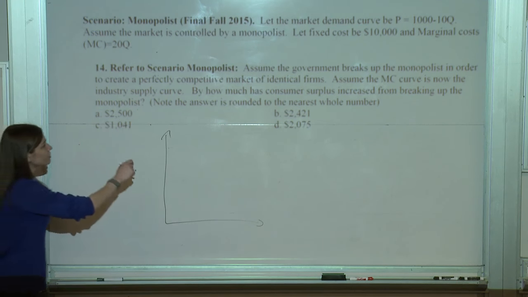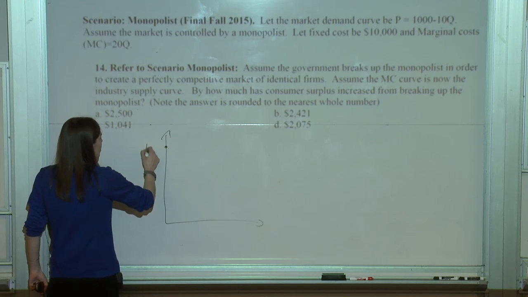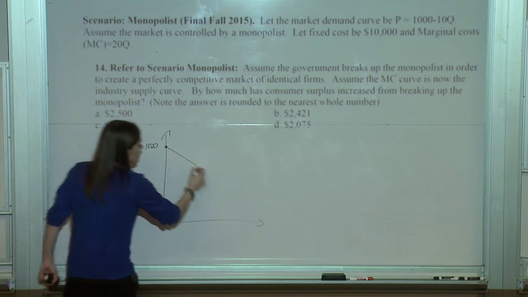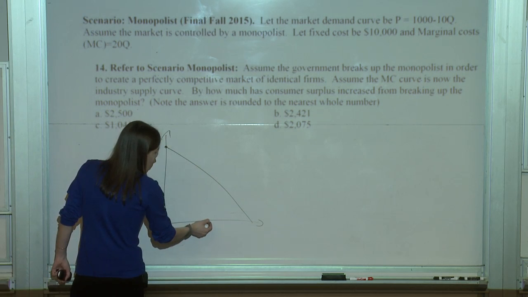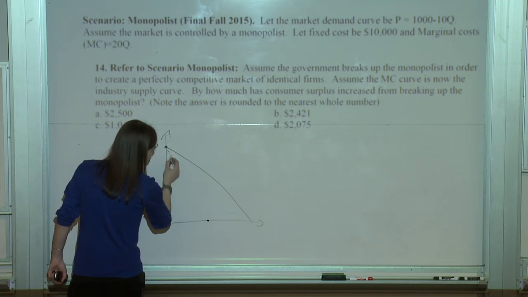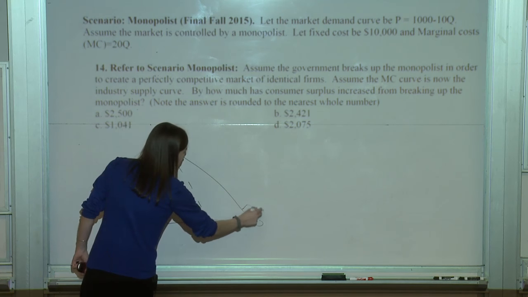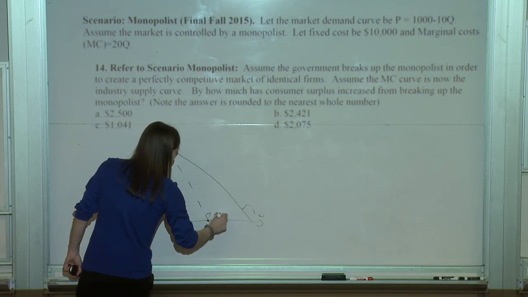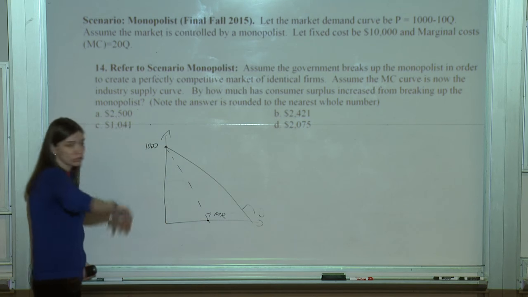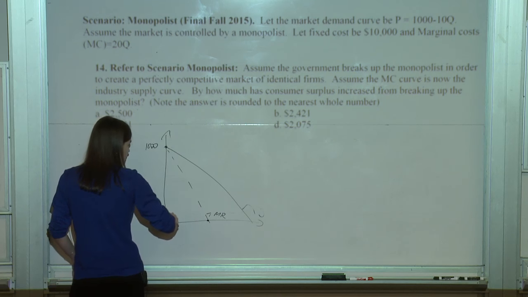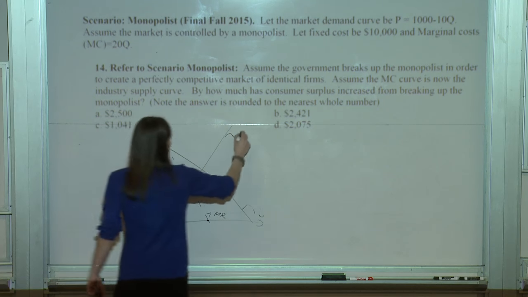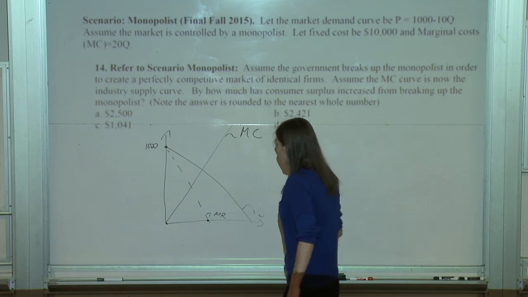The demand curve starts at 1,000. Then we have marginal revenue, which is somewhere here. All right, so this is the demand curve. This is the marginal revenue. We have the marginal cost, which is starting at 0, 0. All right, this is the marginal cost. And what do I know?